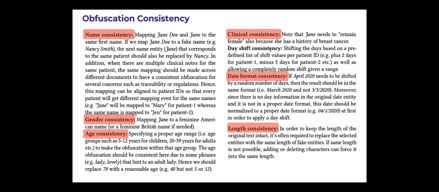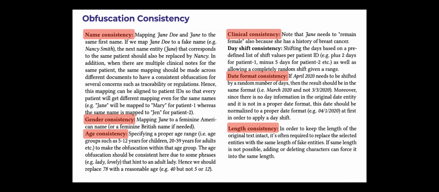Day shift consistency, you can specify a range, you can specify a patient-wise day shift. You can say, okay, for patient 1, I will apply +3 days, let's say. Patient 5, I will apply -3 days. So you can apply this, or you can randomize all of them.